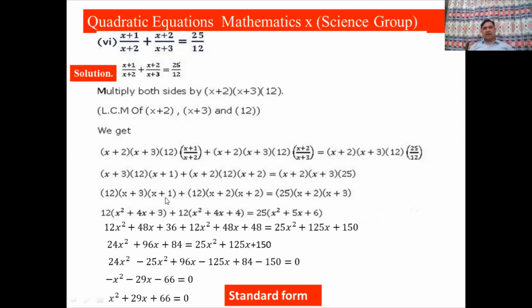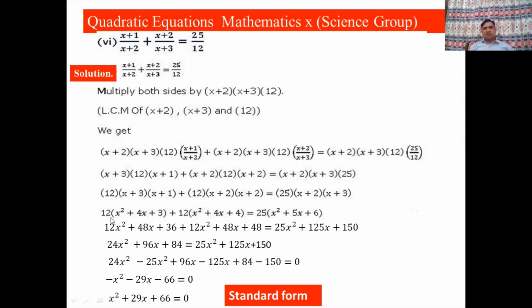I have explained in the previous question that x with x is x square, 3 with x is 3x, and when we multiply this x with this one, 3x plus x is 4x, and when we multiply 3 with this one, that is 3x, and we multiply with this one, we have this whole term. When we multiply x plus 2 with x plus 3, we have this term.